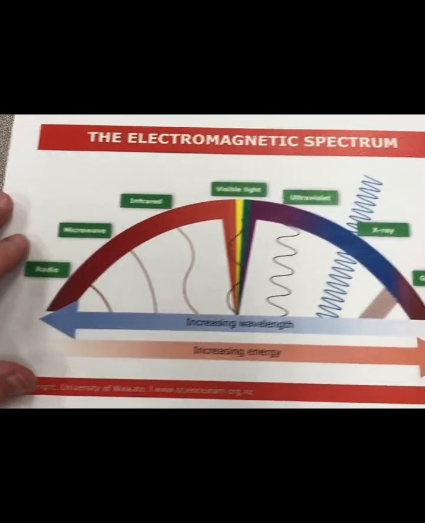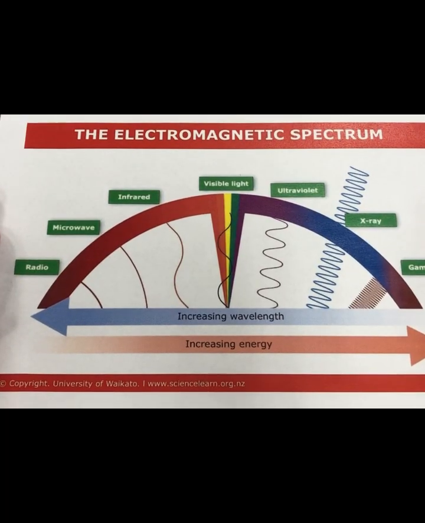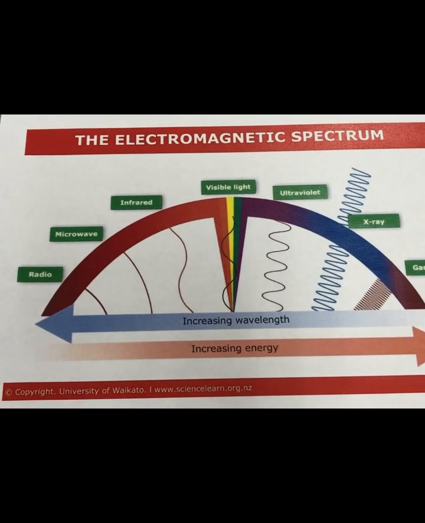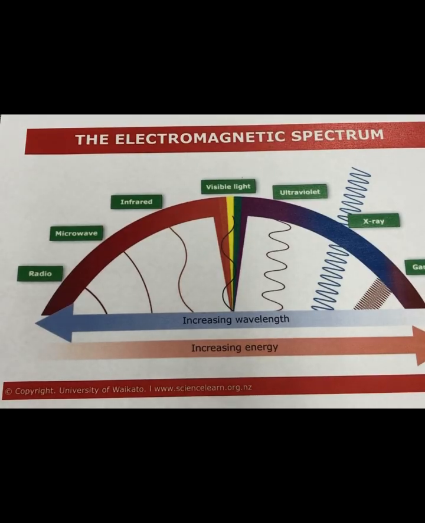One, this is just a printed out chart from the University of Waikato. There's all kinds of electromagnetic spectrum illustrations out there. My advice is to draw one like I just did and talk yourself through all the characteristics. And that way you have made your own.